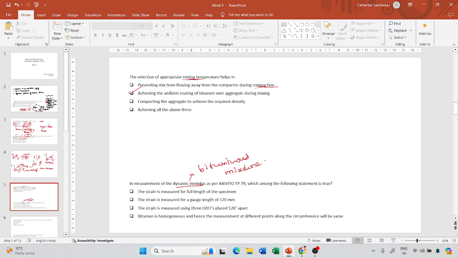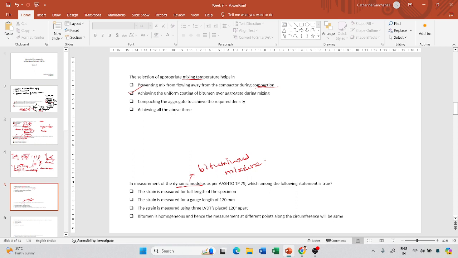But for a bituminous mixture, the properties will depend on the temperature, since bitumen is a temperature dependent material. If your temperature is high, then the modulus of the material is going to be less. And if your temperature is low, it will behave more solid-like, and the modulus is going to be high.